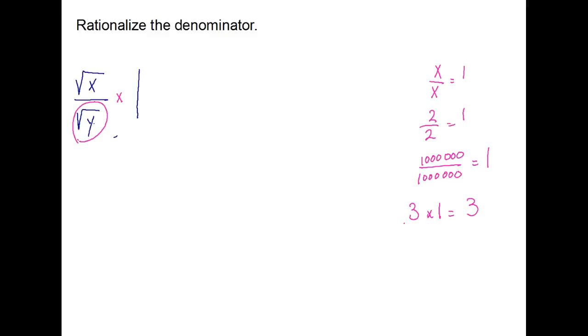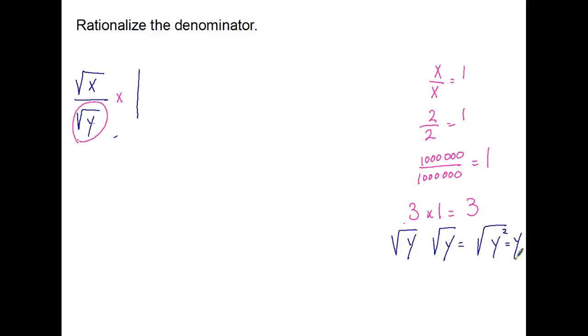Now, what can I multiply the bottom of this fraction by to get rid of that square root? Again, another reminder, the square root of y times the square root of y is equal to the square root of y squared. That will equal y. Okay, we just did that.